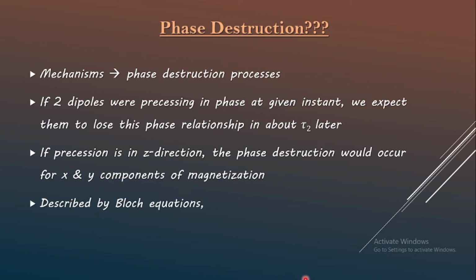And to describe this phase destruction, Bloch introduced the phenomenological equations, which are nothing but dmx by dt is equal to minus mx by tau 2 and dmy by dt is equal to minus my by tau 2.